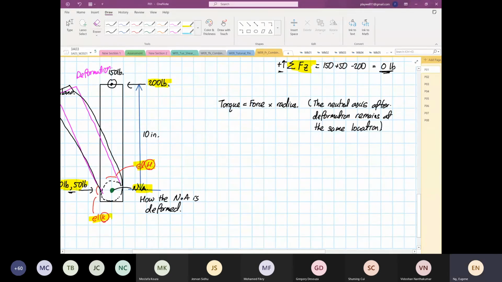Okay, so that's how you identify it, because later on we're going to do a lot of bending moment and torque, and you're like, is this a moment or a torque? Once you get this wrong, unfortunately, your answers will be wrong.